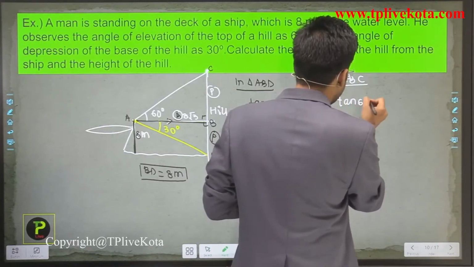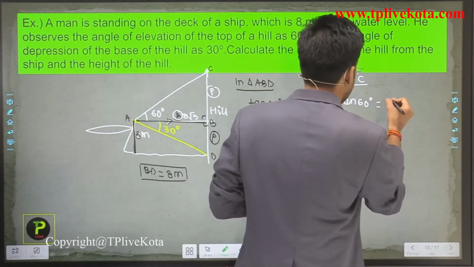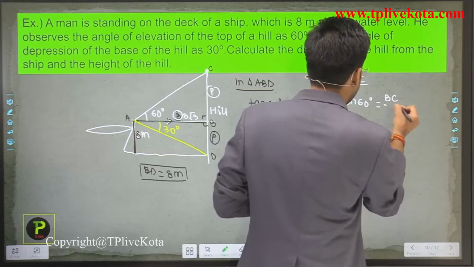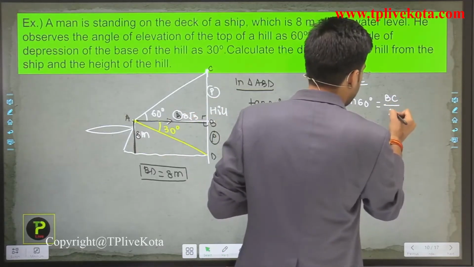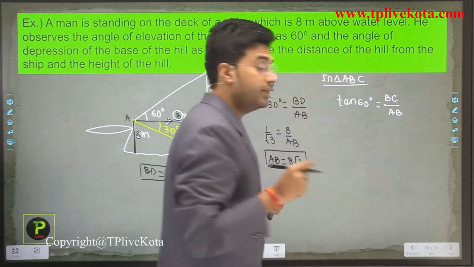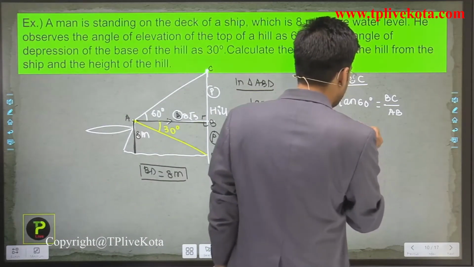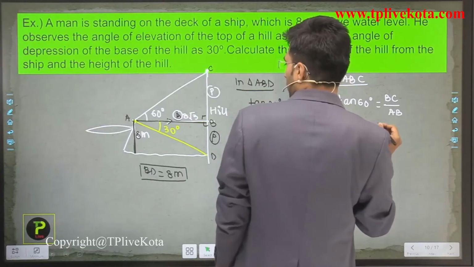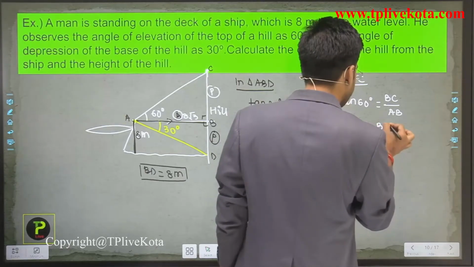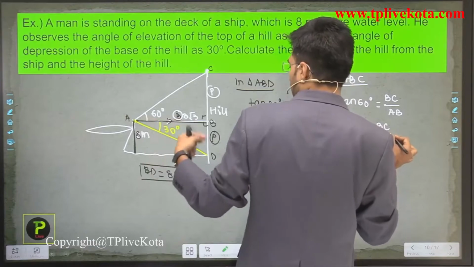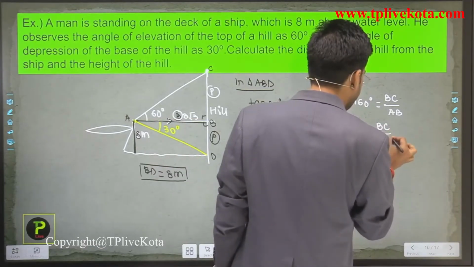Tan 60 degree is equal to BC divided by AB. And what is the value of tan 60? It is root 3. So root 3 is equal to BC, which we have to find, divided by AB, and AB is 8 root 3.